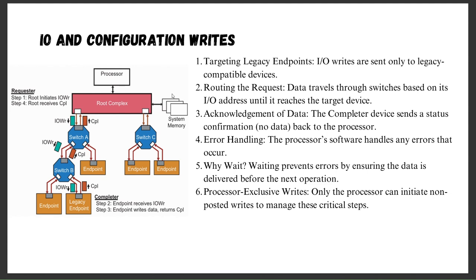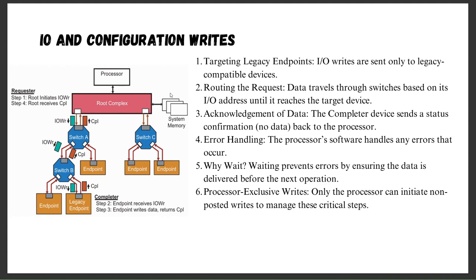This is the key difference between a non-posted write and other types of writes. In a non-posted write, the processor must wait for the confirmation before continuing. In a memory write, the processor does not wait. It assumes the data will eventually get there.